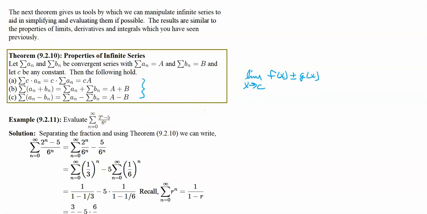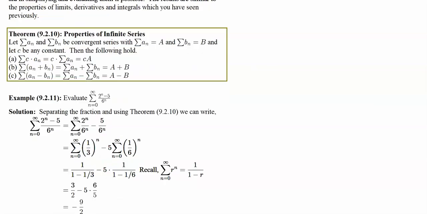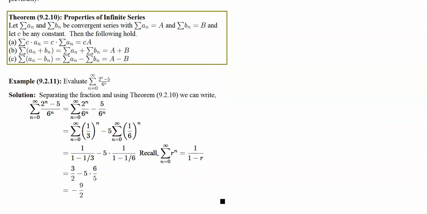Now let's take a look at some examples. Let's consider this first example right here. Suppose we want to evaluate the summation from 0 to infinity of (2^n minus 5) divided by 6^n. What we're going to do here is manipulate this so that we get two geometric series appearing.